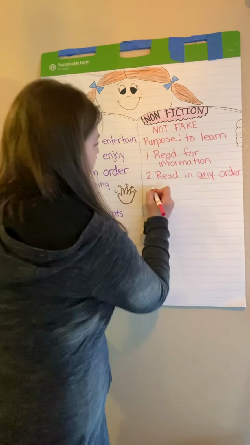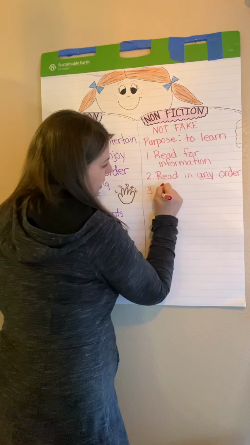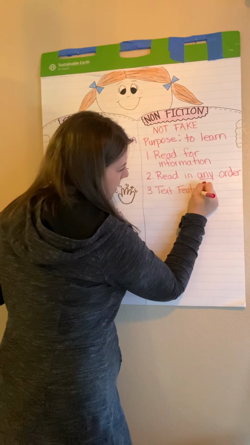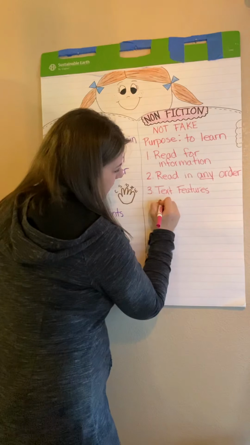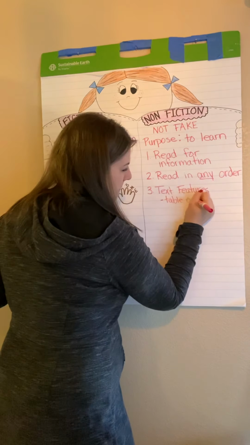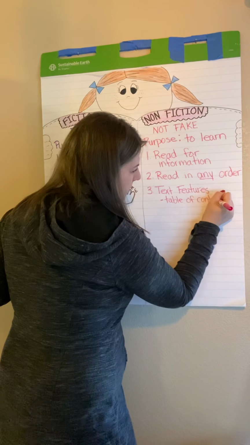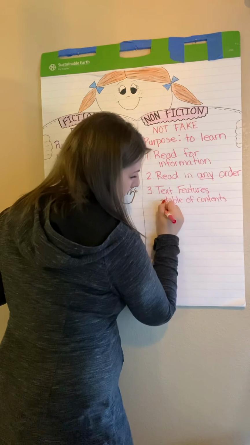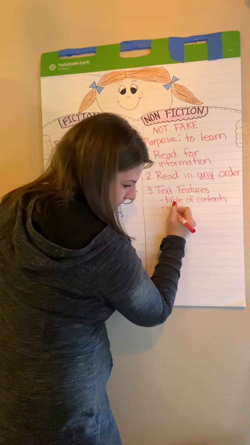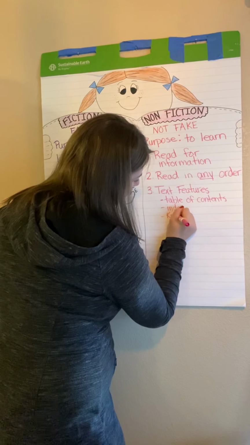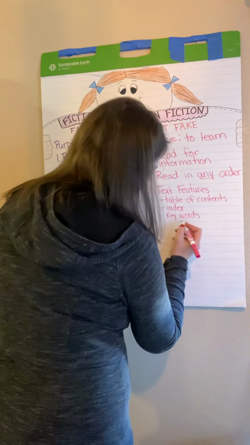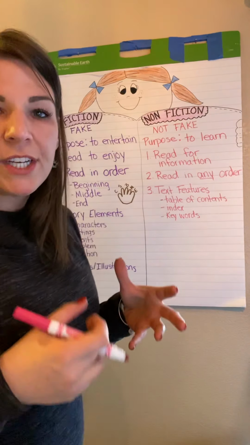There's different text features in nonfiction. Those text features are a table of contents, an index, keywords, and the keywords are usually bolded or highlighted.